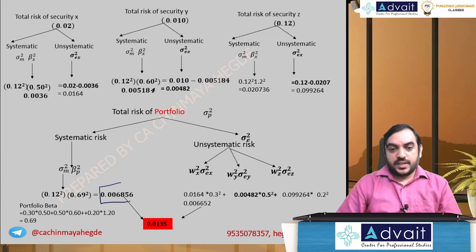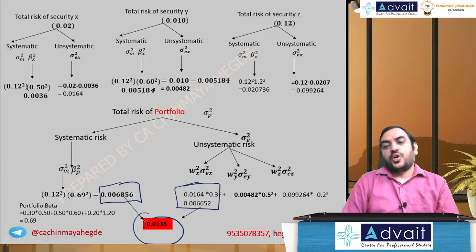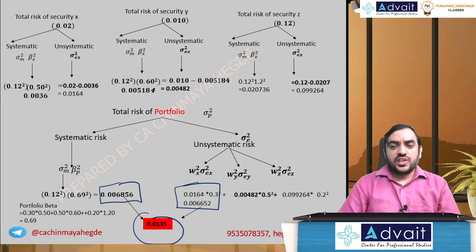So this was systematic risk. This was unsystematic risk of portfolio. Together, we got the total risk 0.0135. If I take a square root of this, you get standard deviation. Okay, I hope it is done. I'll go further.